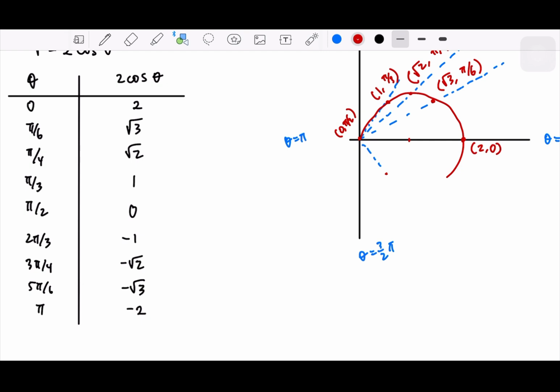Well, my drawing seems a little bit off, but let me make it a little bit better. I'm taking this. It should be a point here. It should be a perfect circle. Okay. So this is r equals 2 cosine theta.